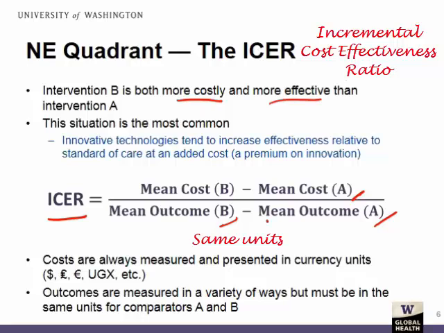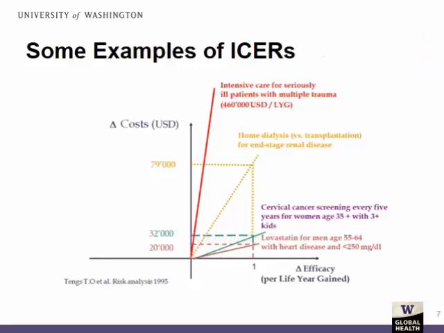On the cost side, you just have currency. I put here Uganda shillings. We spoke about Malawi kwachas. You can have yen, euros, dollars, whatever. And like I said, the denominator of the ratio has to be in the same units.